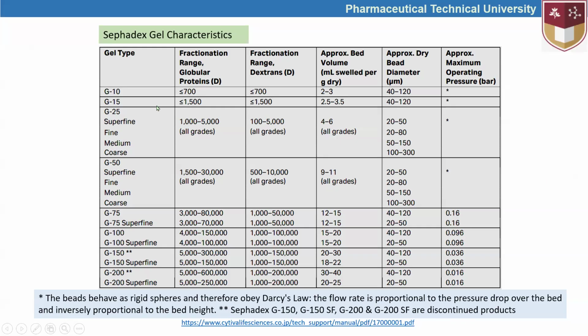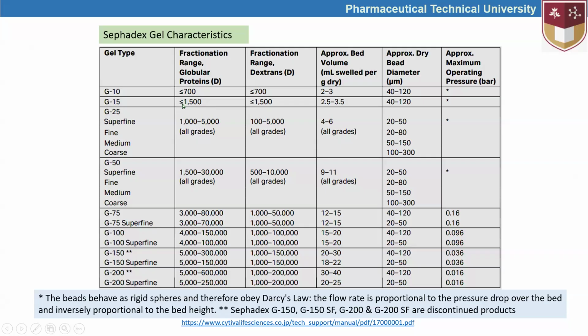The point that we need to understand is that the type termed G10, with low size and low cross-linking level, is used for the fractionation of globular proteins with smaller size, up to 700 atomic mass units or 700 Dalton.